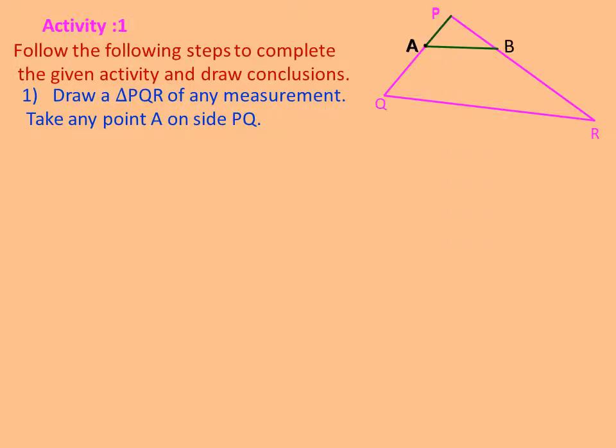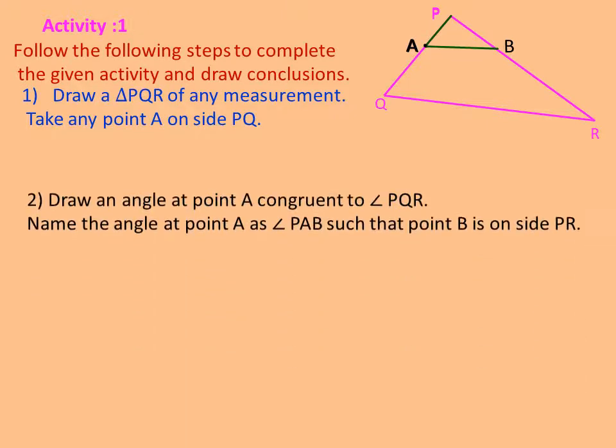Then, as you see angle PAB in green color, what we need to do is draw an angle at point A, as you have seen, congruent to angle PQR. Means you need to construct angle PAB congruent to angle PQR, the green one with the blue one.